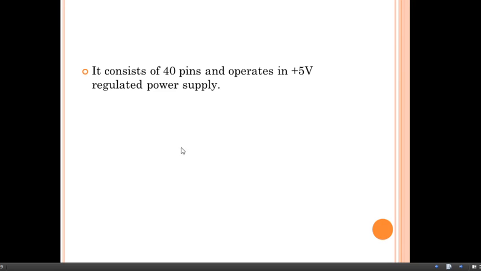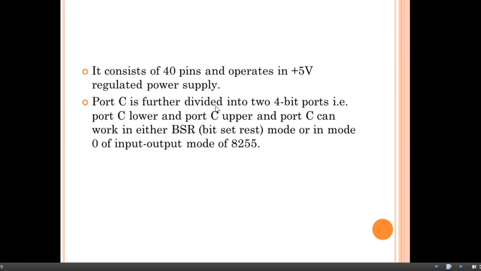So as we have seen, this 8255 consists of a total of 40 pins, and it also operates on a plus 5 volt regulated power supply. Port C is divided into two 4-bit ports, that is port C lower and port C upper, and port C can work in either bit set reset mode or in mode 0 of the input output mode of 8255.